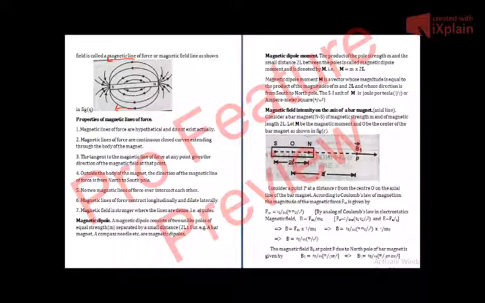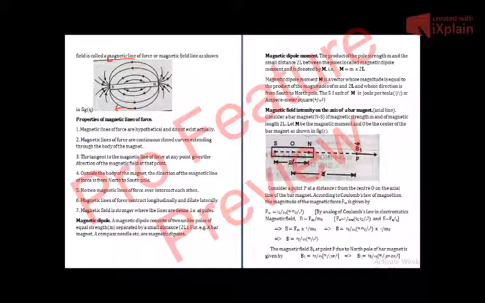We place a tiny magnet at point P, say a compass needle, and this m naught is the strength of the pole of the compass needle. The strength of each pole of the compass needle will be denoted by m naught. Remember this thing: m is the strength of the north or south pole of the bar magnet, whereas m naught is the strength of the compass needle which we place at point P.